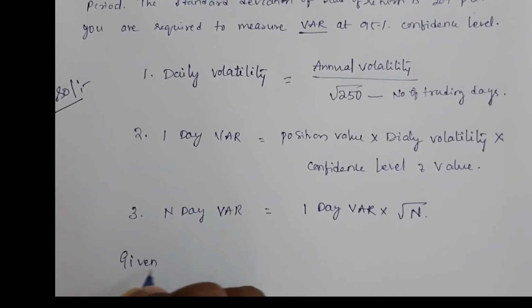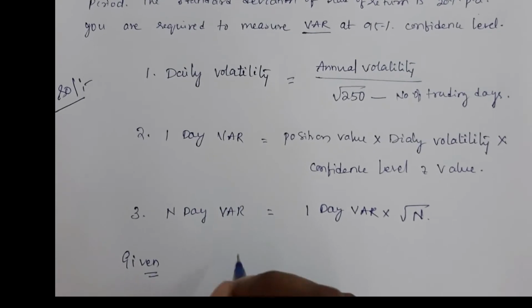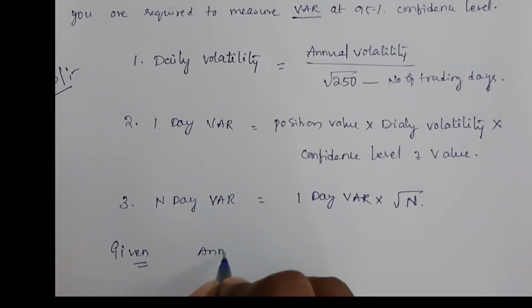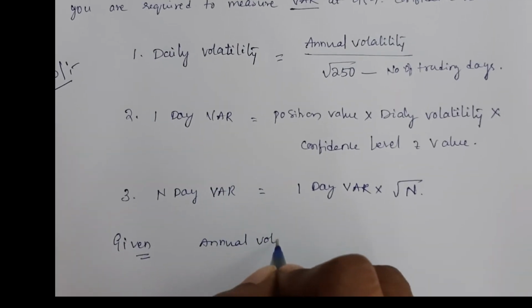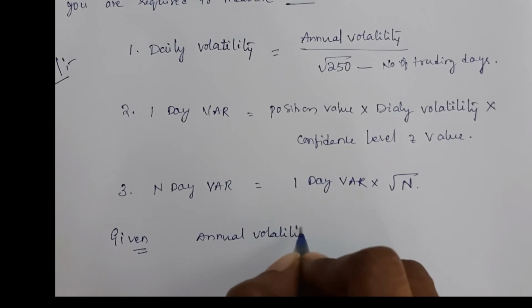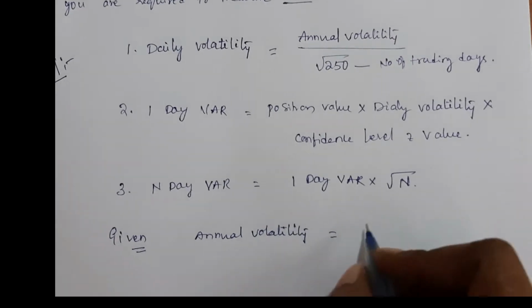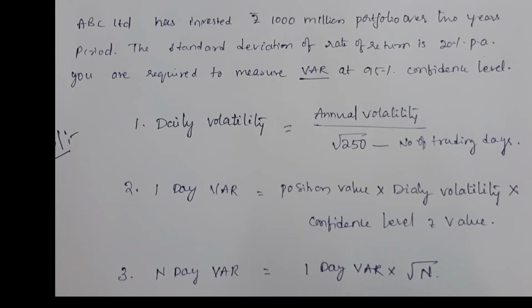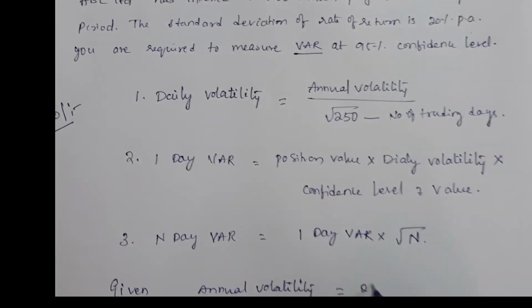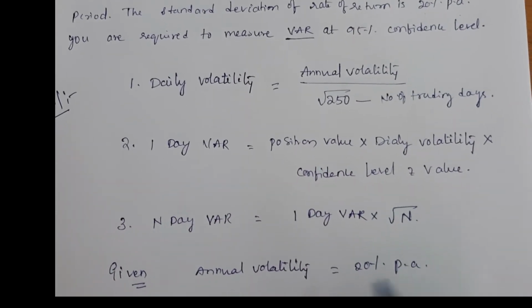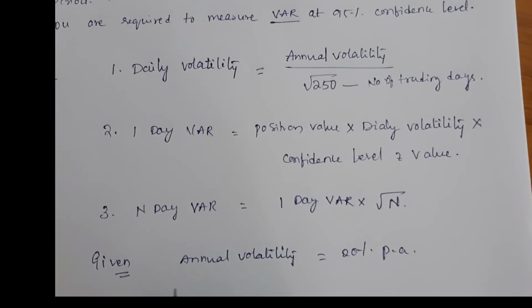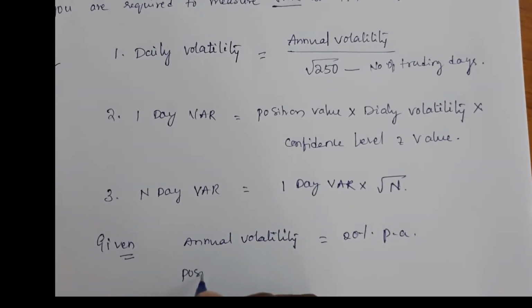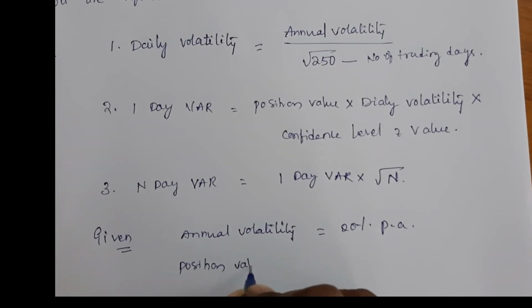Given in this sum, annual volatility, that is the standard deviation of the investment given in the sum, 20% per annum. So that itself is the annual volatility. Then position value is also given.